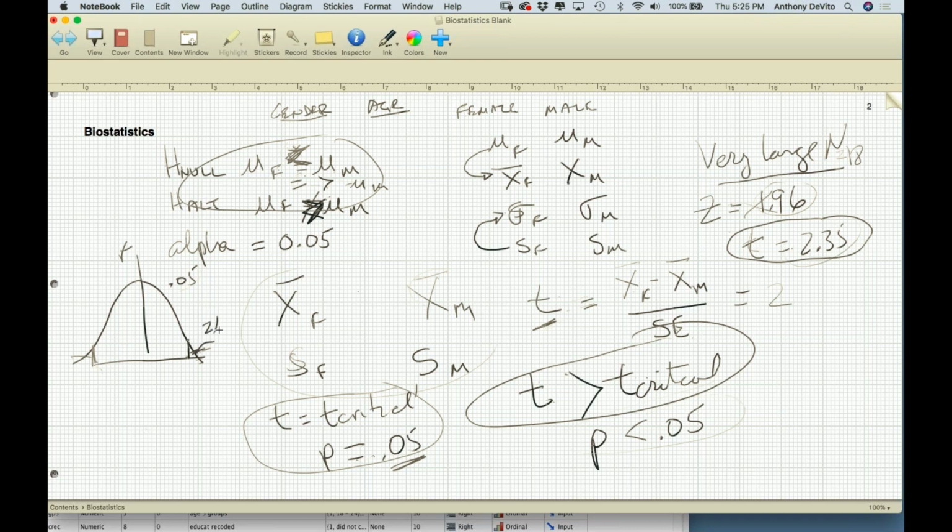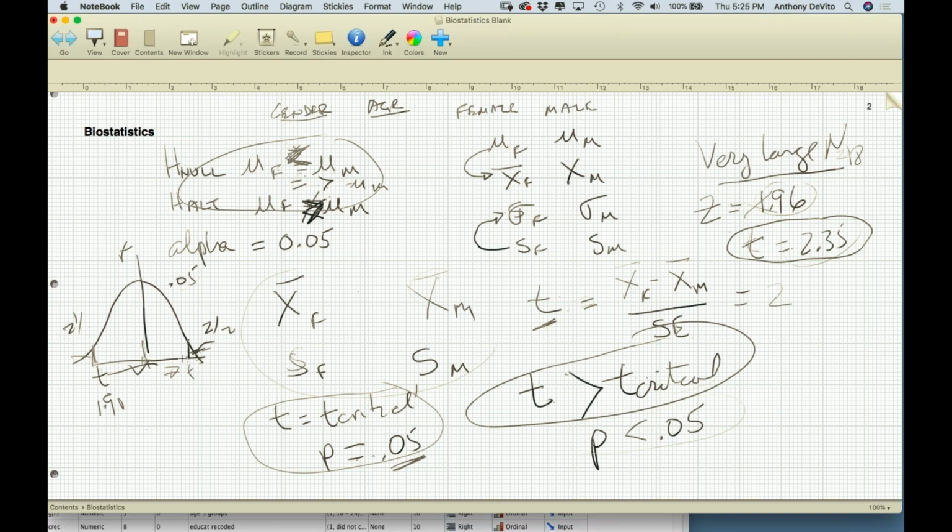So this would have to be 2.5%, and this would have to be 2.5%. So the t-score here is further away. It's at 1.96, right? We know that because of 2.5%, 2.5%, the 95% confidence interval.